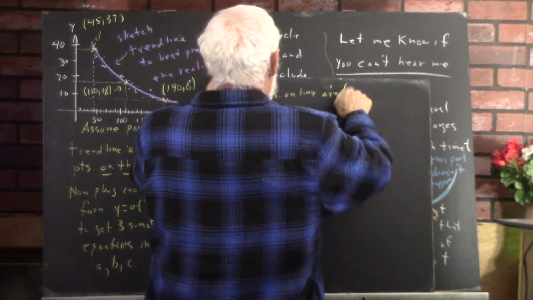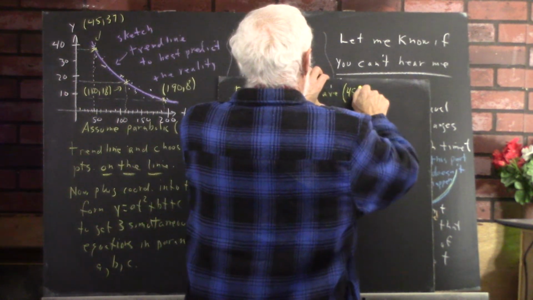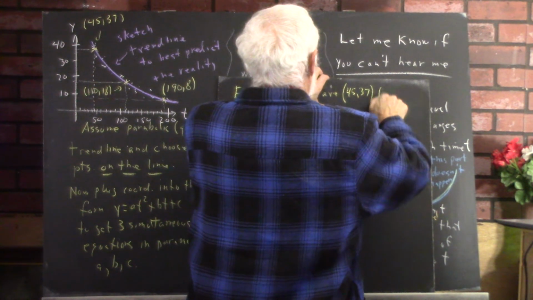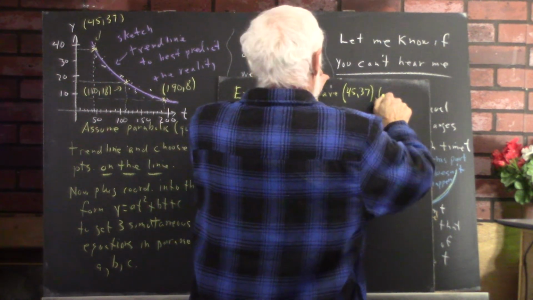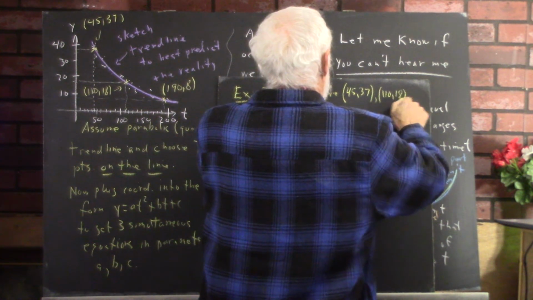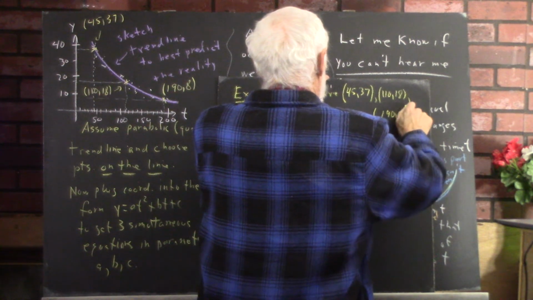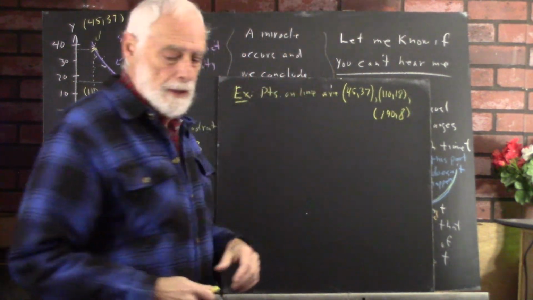So points on the line are 45, 37, 110, 18, and 190, 8.